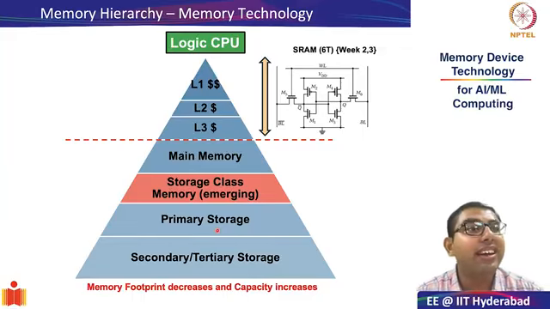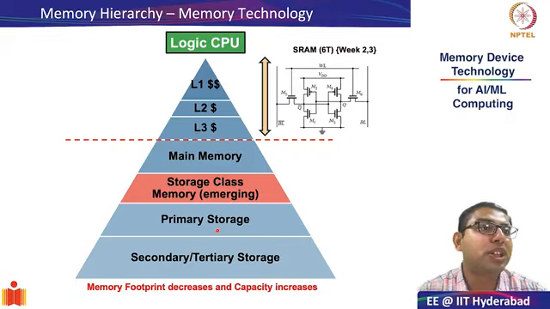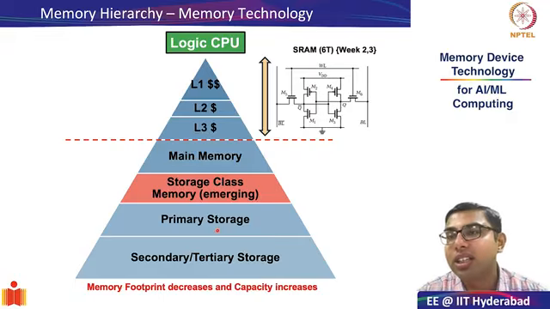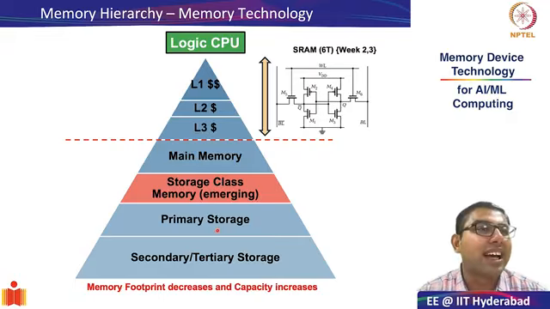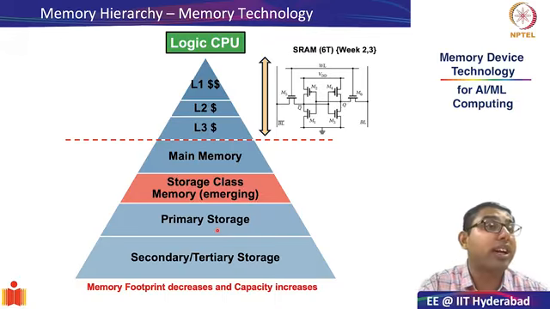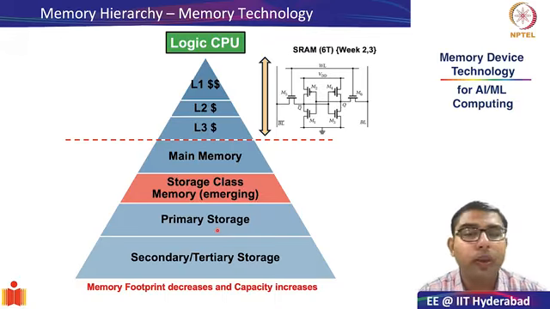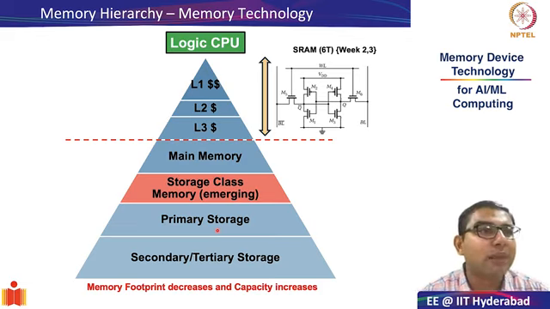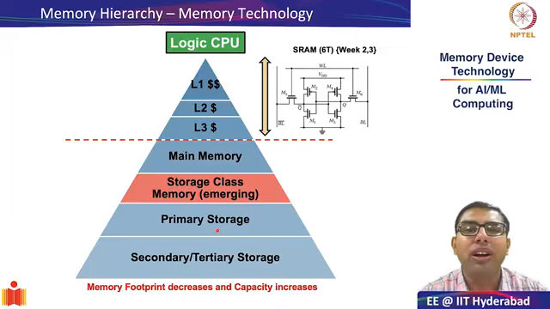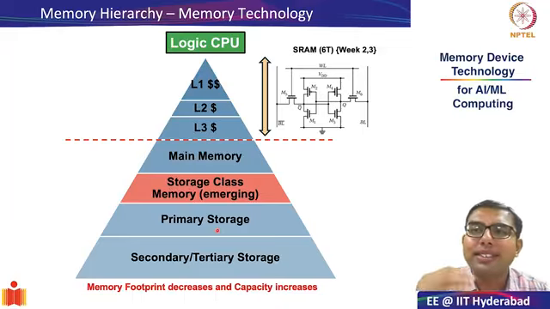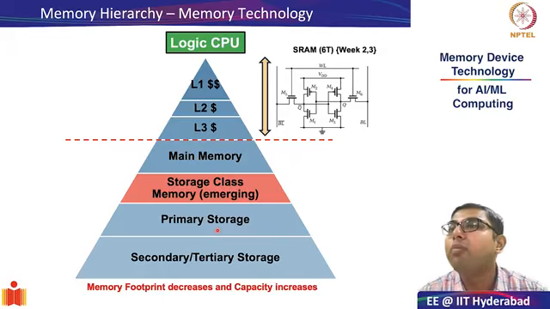I am not mentioning here the flip-flops and the latches which constitute register technology, which is used to make registers in the CPU subsystem, because the volume is not that large to be really addressed. So we will start our study from 6T SRAM cells which constitute the L1, L2 and L3 caches.